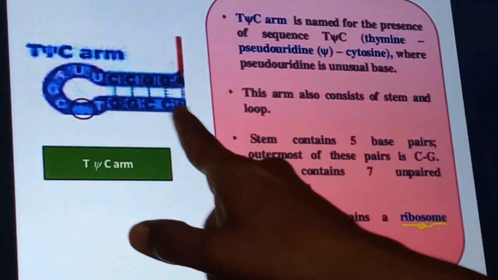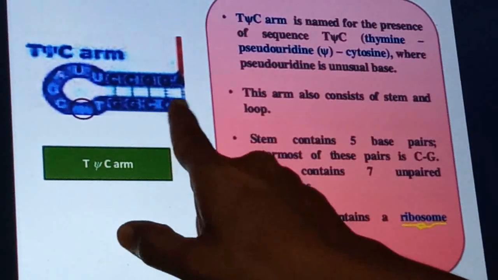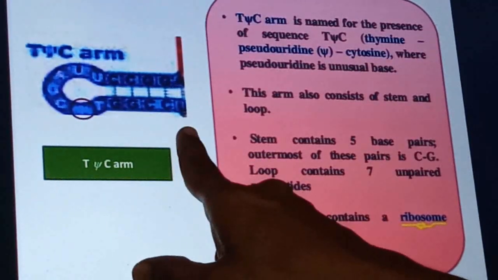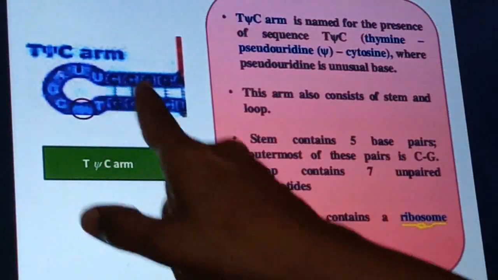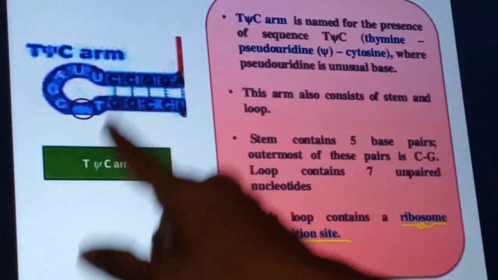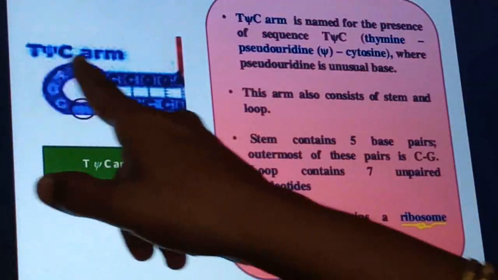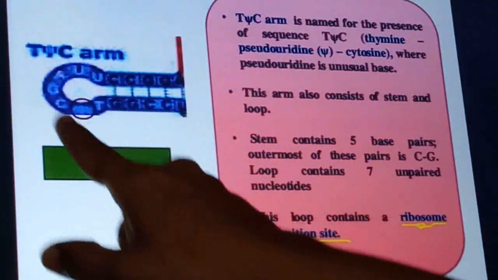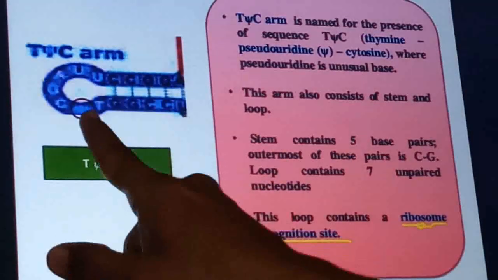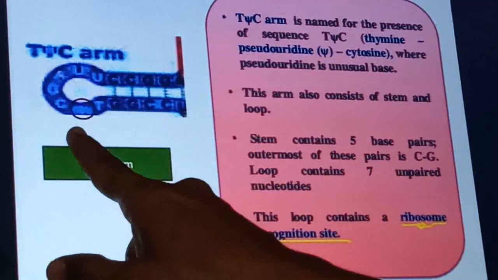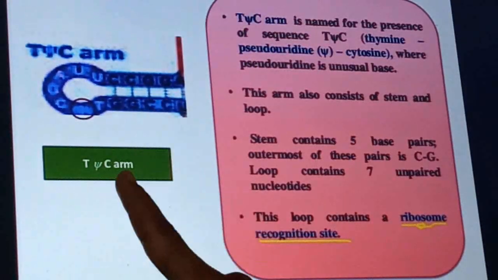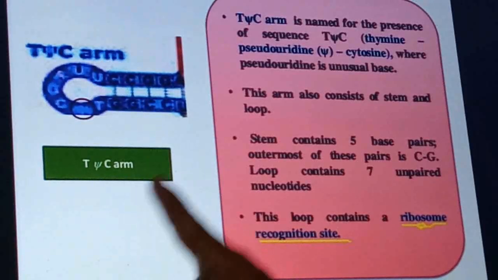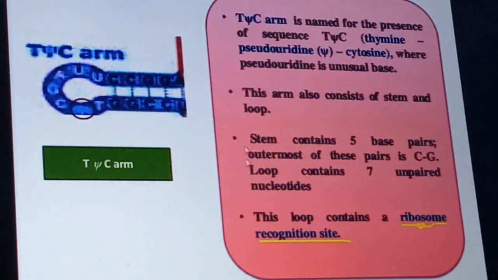The stem contains 5 base pairs, 1, 2, 3, 4, 5. Then the outer loop is there, the CG loop. Then 7 unpaired nucleotides are there in the loop, and among them is Psi, or pseudouridine. This loop contains a ribosome recognition site. So the function of this is ribosome recognition.